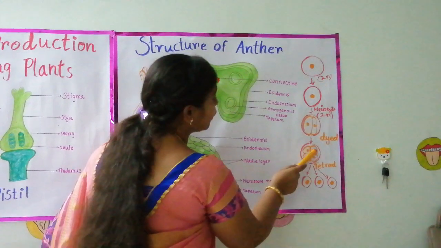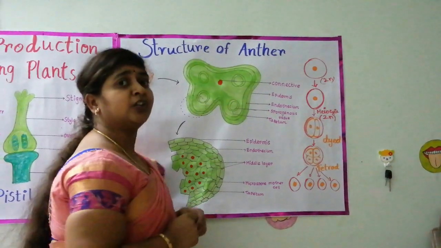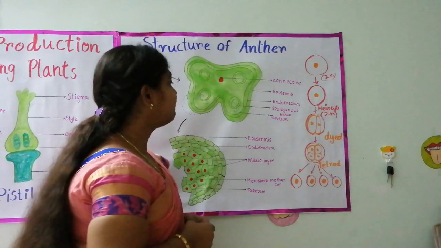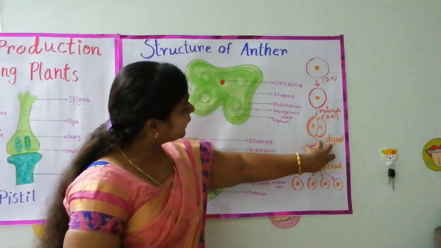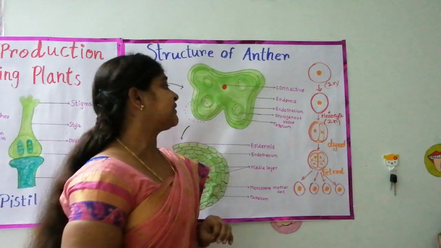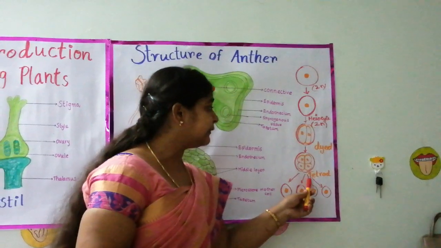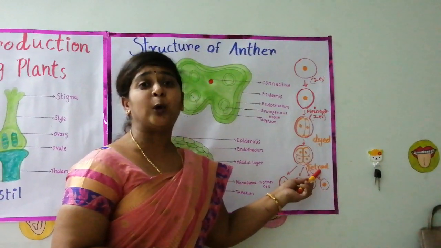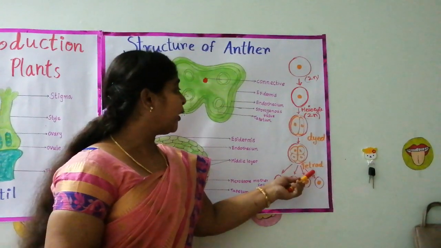Then it undergoes meiosis 2. At that time, what will happen? It may contain a cluster of 4 nuclei. It is called a tetrad, the pollen tetrad.